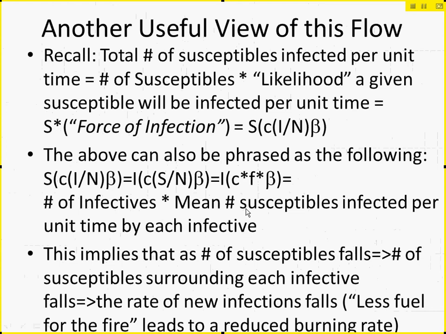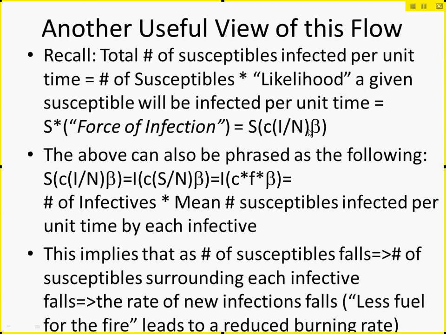And for each of those contacts between me and one of those infectives, what's the chance of transmission? And then finally, that's my chance as a single susceptible for getting infected. And then finally, how many susceptibles are there? And you can piece together the system like that. So then we get S times this force of infection term, right? We comfortable with that? Okay.